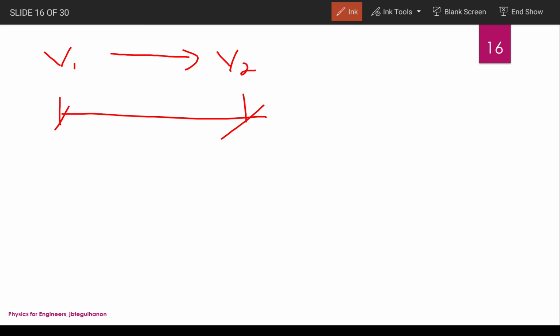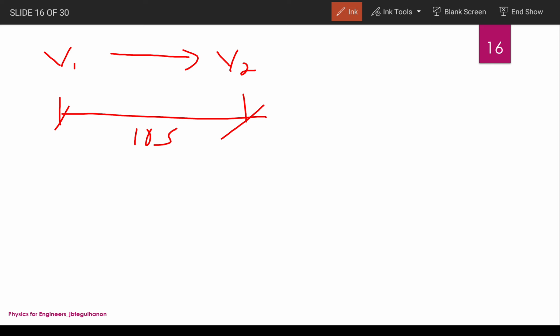Okay, so if you have V1 in this area, and this is 30 kilometers per hour, after a while, going fast from 30 to 100 kilometers per hour in 10 seconds, you will achieve this V2. V2 will be reached in only 10 seconds. Okay, time.